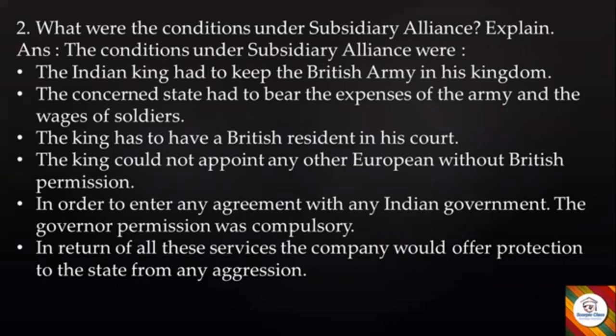The king could not appoint any other European without British permission. In order to enter any agreement with any Indian government, the governor's permission was compulsory. In return of all these services, the company would offer protection to the state from any aggression. So these were the conditions or you can say policies under subsidiary alliance.